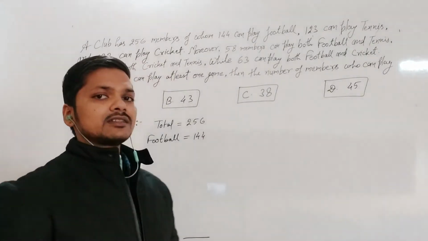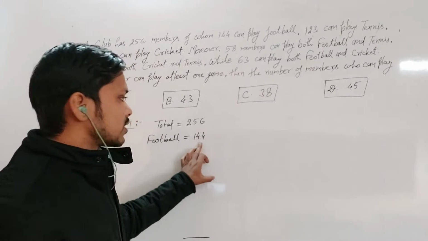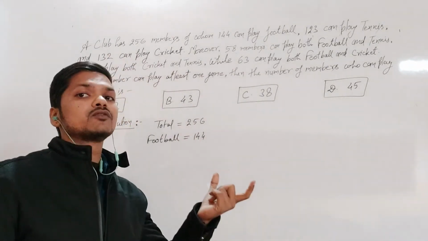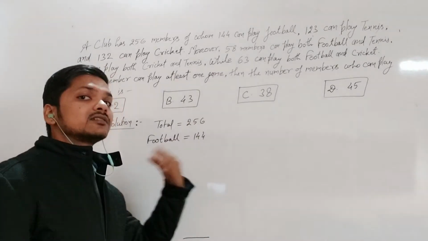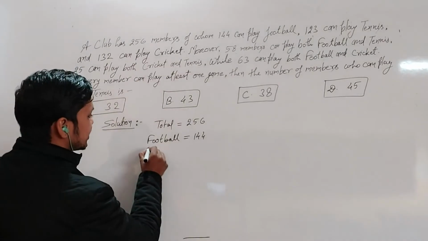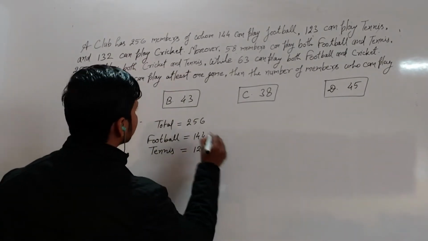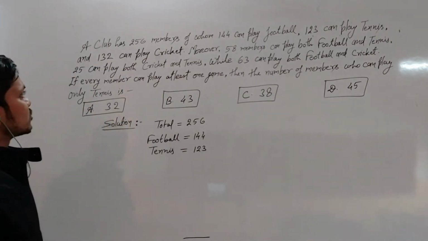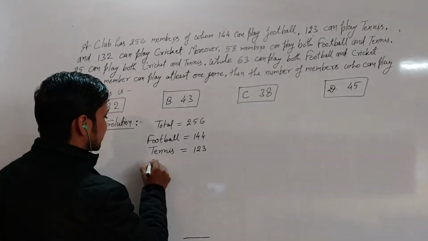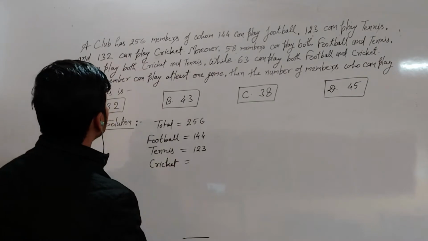It means the number of players who can play football is 144, and they can also play other games. Next, the total number of players who can play tennis is 123, and the total number of players who can play cricket is 132.